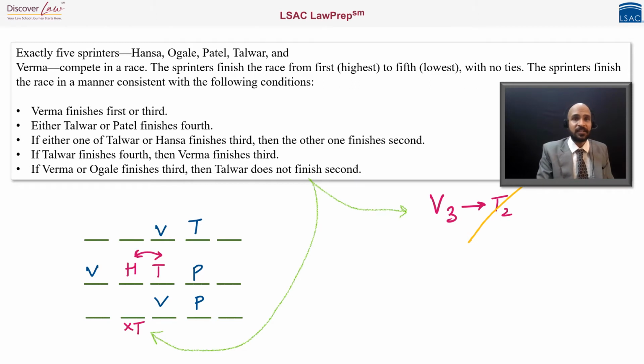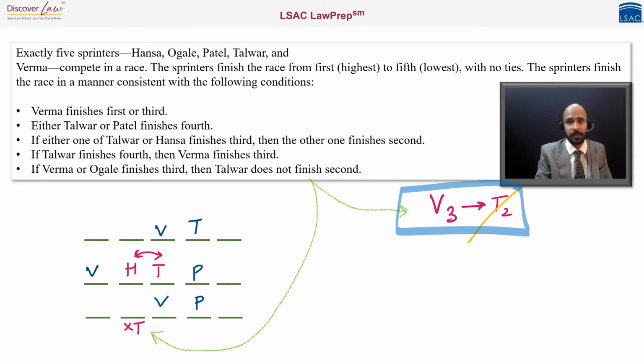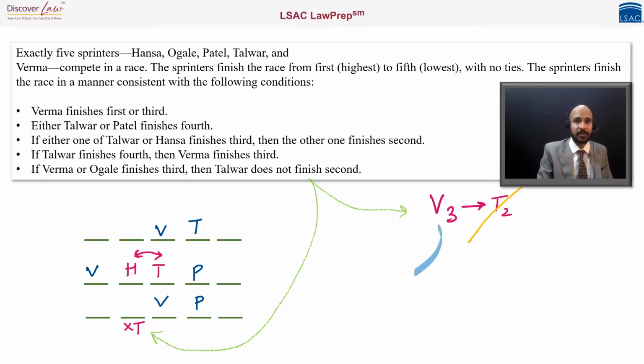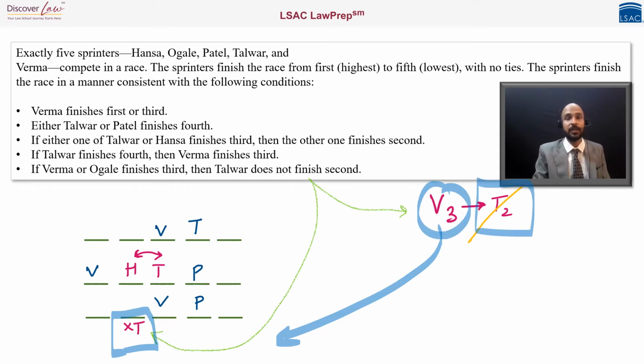So let us look at these two conditions. First, condition number 1. If you see V3 and you know that T should not be here, it's clear here that T is already in the fourth position, so it is already following this rule. Okay, so it's not a matter of concern. There's nothing really we need to write. Now look at the third case, the one where this applies, and therefore what we do is that we additionally make this marking here to signify that when V is in position 3, then T cannot be in 2.